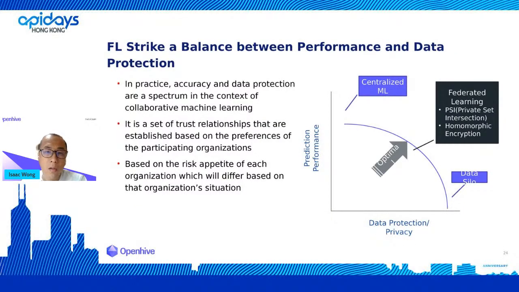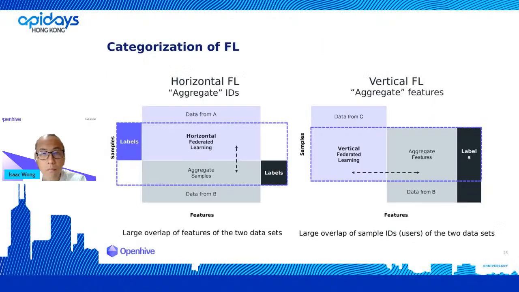And federated learning itself, I see it as a tool or a mechanism trying to strike a balance between considerations like data protection, privacy, and performance or model explainability as well. So that we give practical conditions so that we can come up with reasonable data collaboration performance.